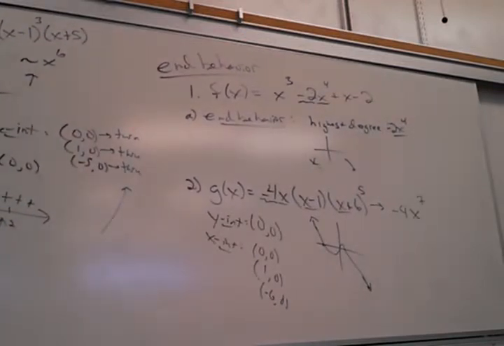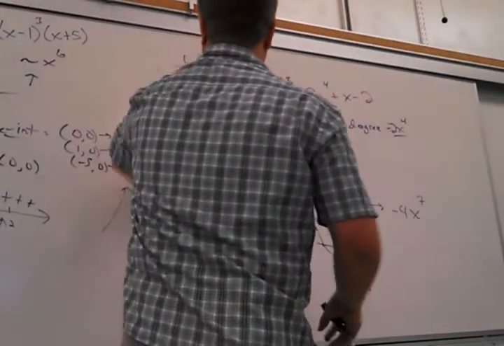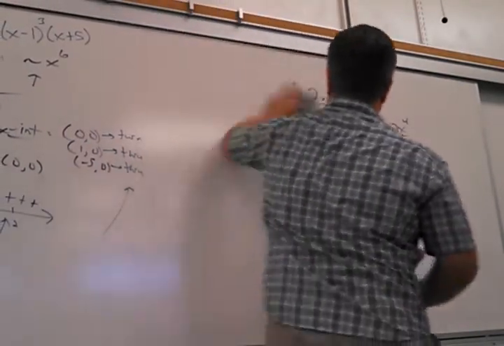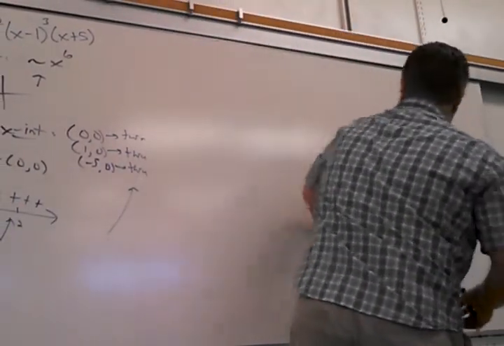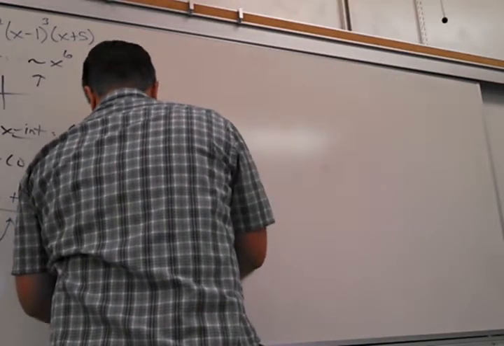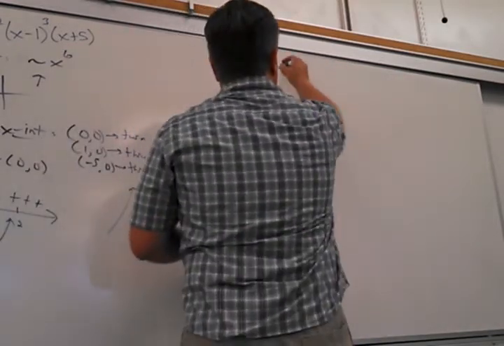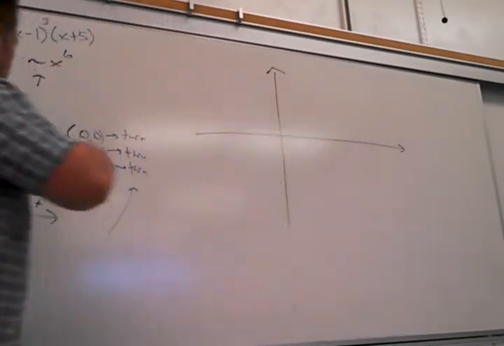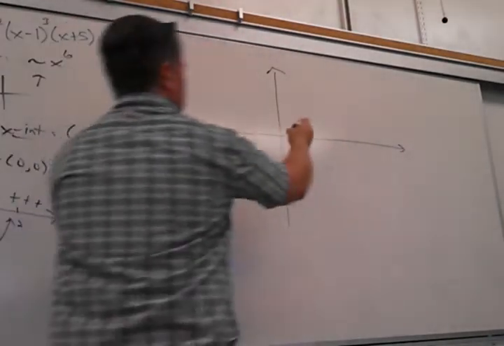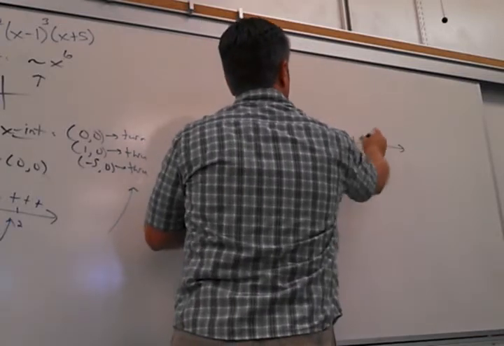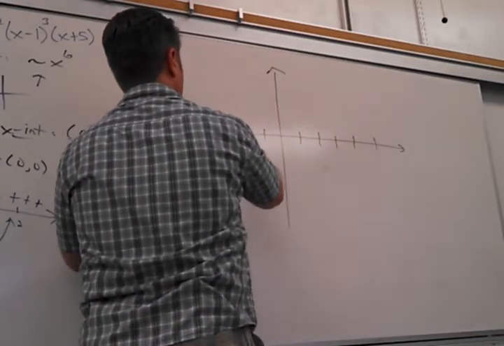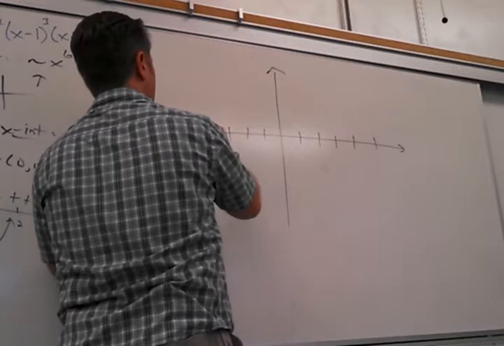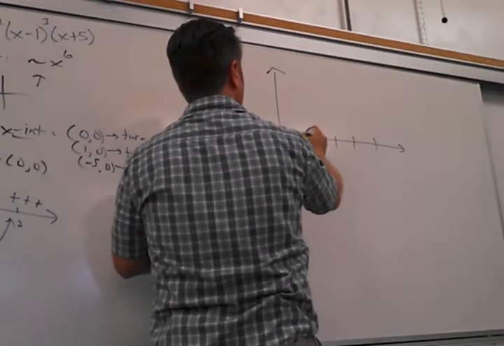Now let's go and try to graph this thing. Of course, a really good starting point is my x-intercepts: negative 5, 0, and 1.